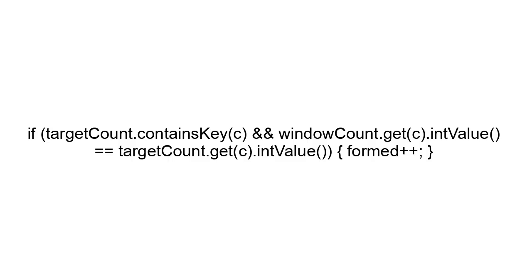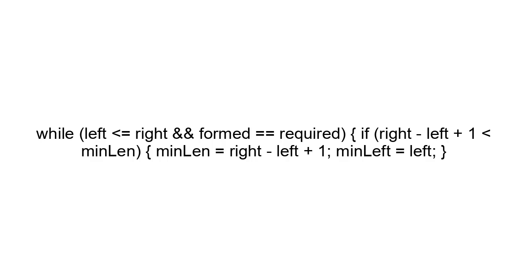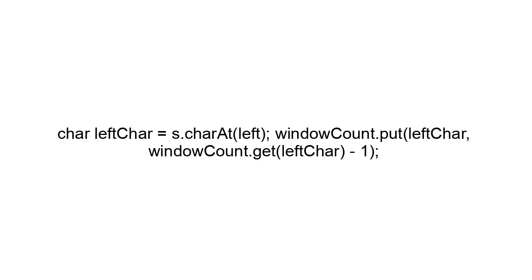formed plus plus. While left less than or equal to right and formed equals required, if right minus left plus 1 less than minLen, minLen equals right minus left plus 1, minLeft equals left. Char leftChar equals s.charAt left. windowCount.put leftChar, windowCount.get leftChar minus 1.